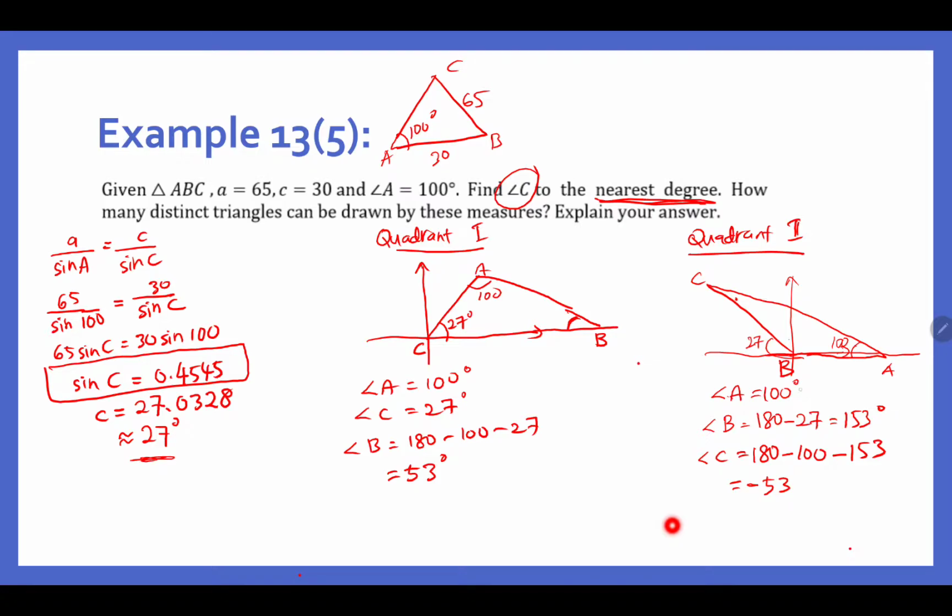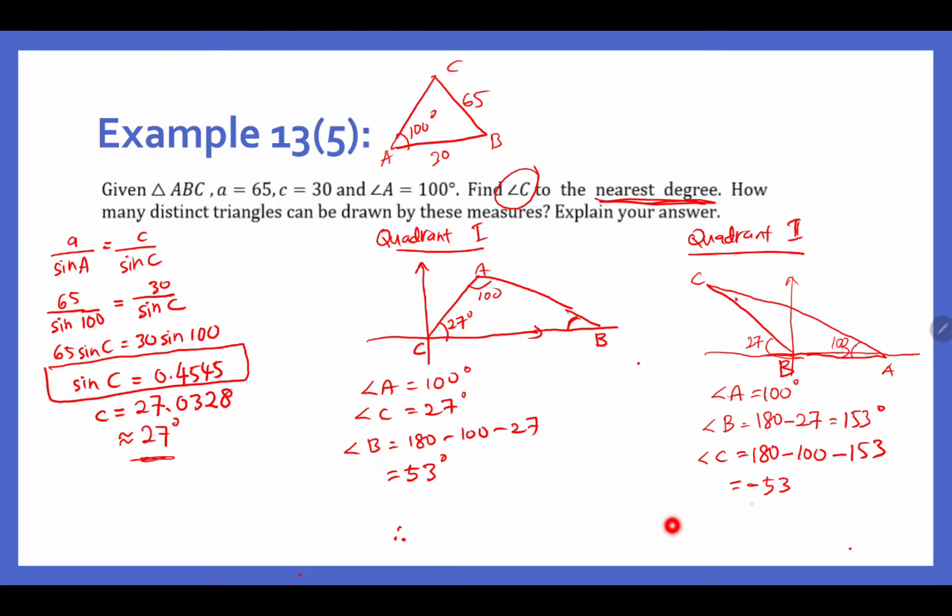Okay, so this means in the second quadrant we cannot draw a triangle for a measurement like this. Okay, so the conclusion is there is only one possible triangle that we can draw here.